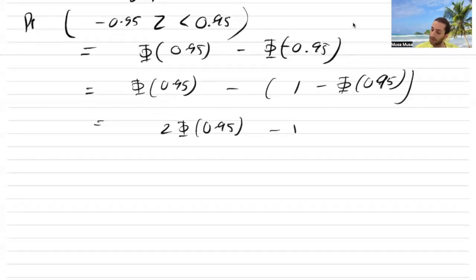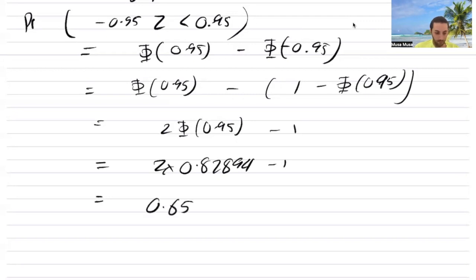And going back to the statistical table, 0.95. 2 times 0.82894 minus 1. There we go. Very nice, right? Very nice.